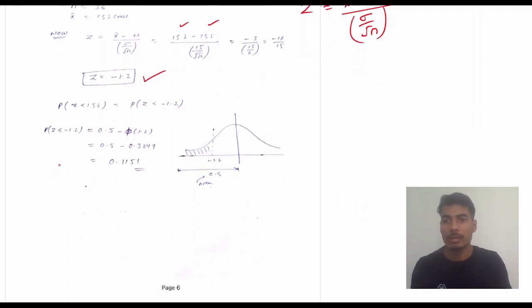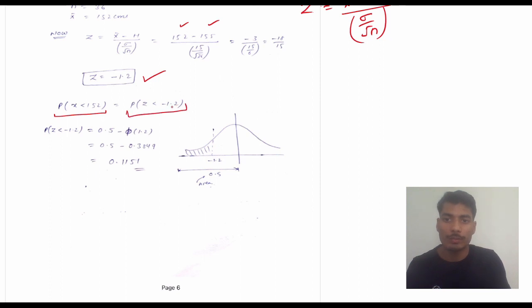Okay, see here. This x we can replace by z. When x is 125 centimeter, then z is minus 1.2. So P of x less than 125, this one we have to find, so we convert it in the form of z. So probability of z less than minus 1.2.